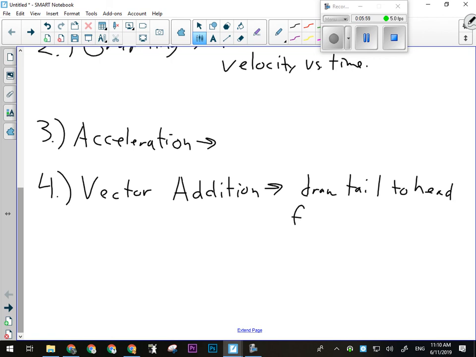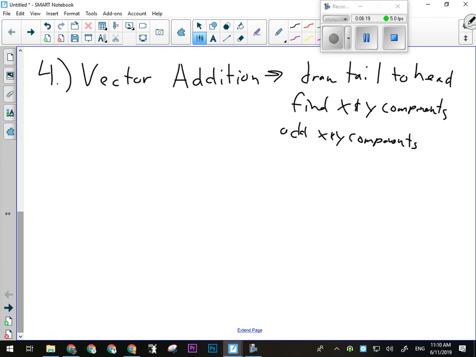Okay, we find x and y components, and then we add x and y components. Okay, we arrive at our final triangle, and then it's trigonometry from there.